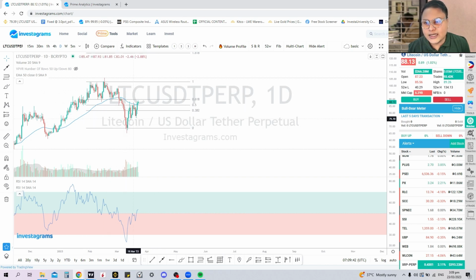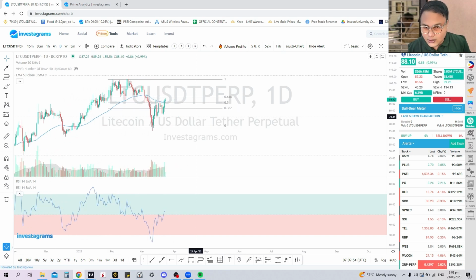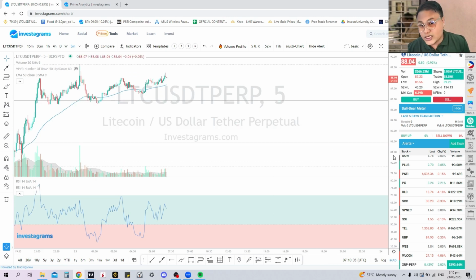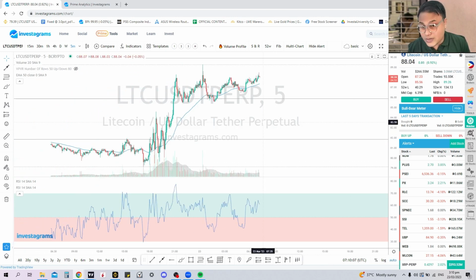And ngayon, looking at the dynamic resistance, nag-cross na siya above the dynamic resistance, which is EMA 50. Ngayon, since on the higher time frame, medyo bullish siya or bullish bias siya, what we can do is trade it at the lower time frame on a bullish note or on a bullish bias.